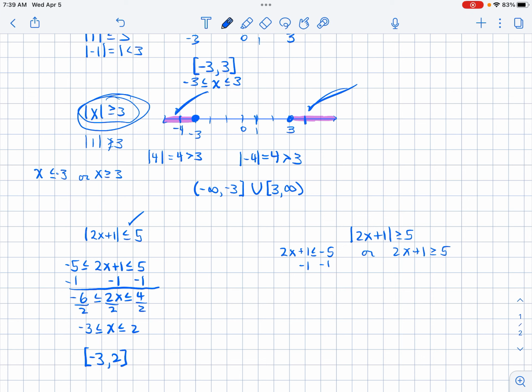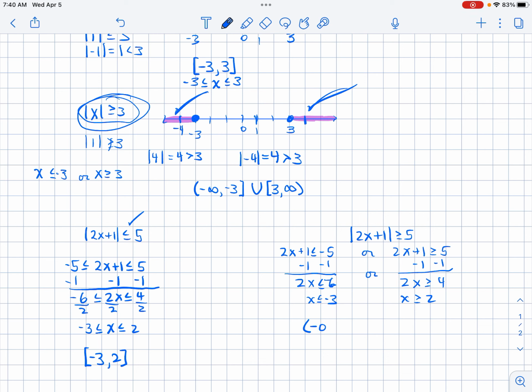So I'll subtract 1. Negative 6. Divide by 2. Or divide by 2. So now notice what I've got.